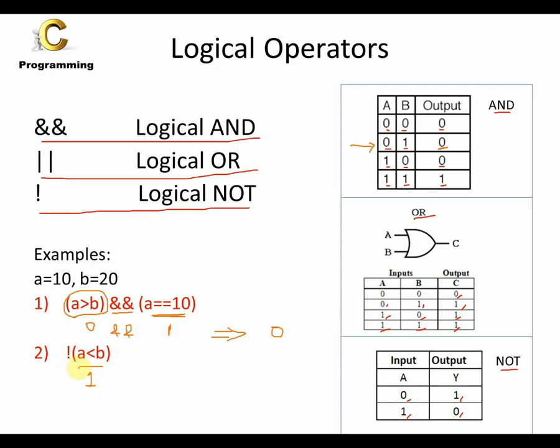Now, the result of this is 1, and this exclamation sign says not. So not of 1. When I say not of 1, the final result will be just the opposite. So it will be a 0. So basically this is the case over here: not of 1 is 0.